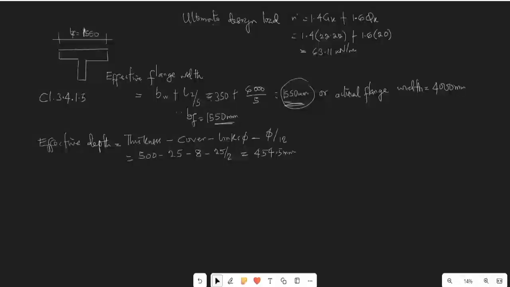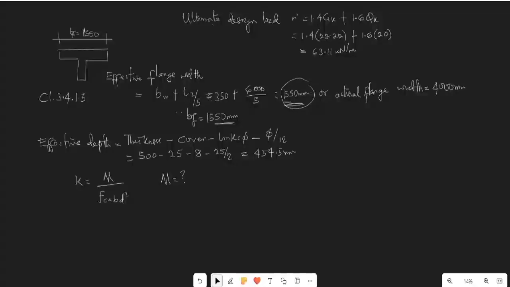So the next thing you want to do is to check for the bending. With your K value, now we can begin our design properly. K = M over fcu b d squared. But somebody would have a question that we have not obtained the value of our M, which is the moment.